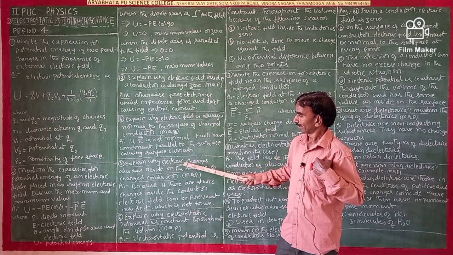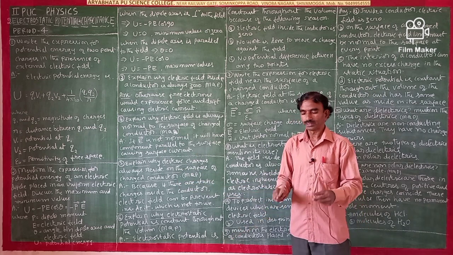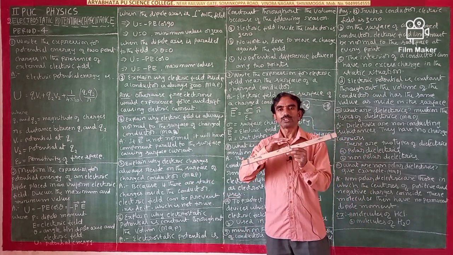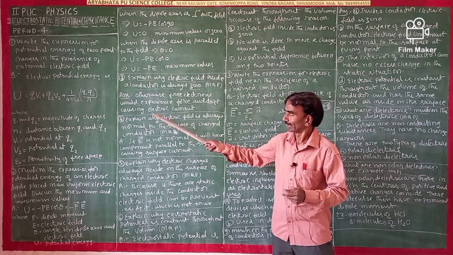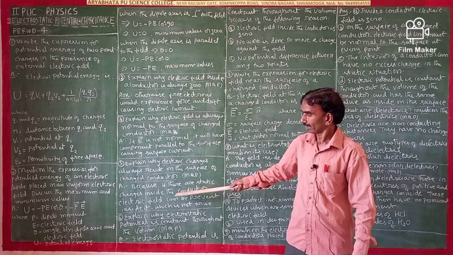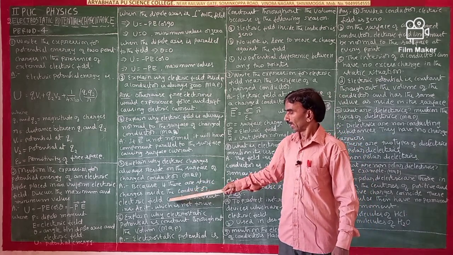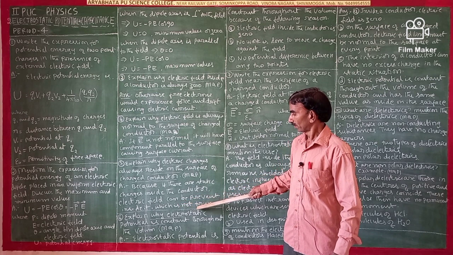Explain why electric charges always reside on the surface of a charged conductor. Charges always reside on the surface of the conductor and not inside. I have explained here: because if there are static charges inside the conductor, an electric field can be present inside it, which is not true.